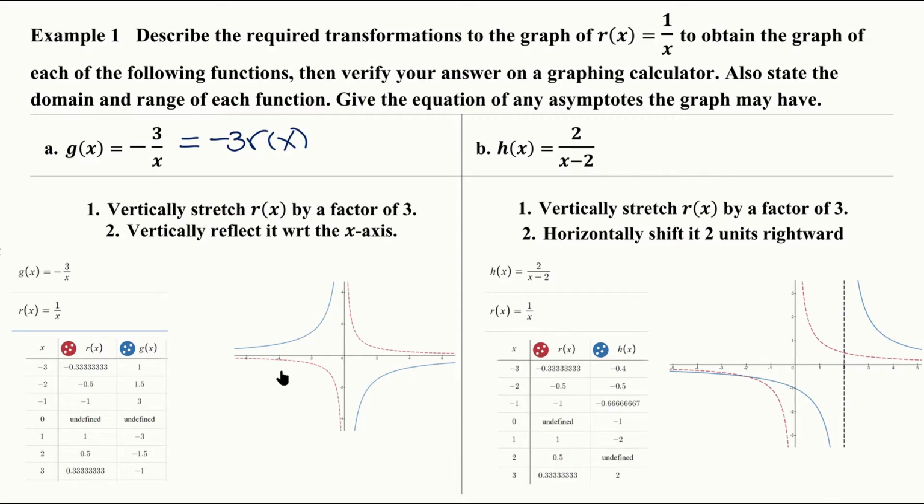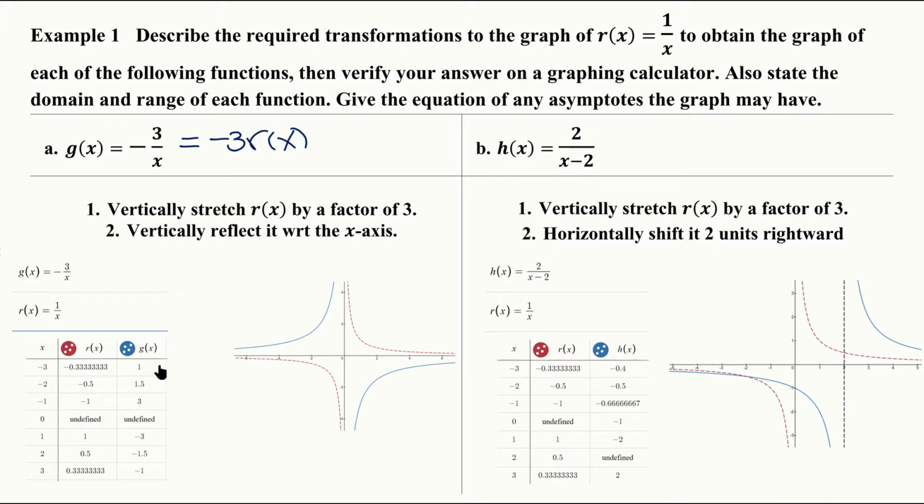The red graph here is the reference function r of x, which is 1 over x, and the blue function is the transformed graph. Now, if we actually want some points to plot, we can use a table like this. We just plug in -3. Here I'm showing both values for r of x, which is 1 over x, as well as the function we actually want to graph, which is g of x, and there they are.